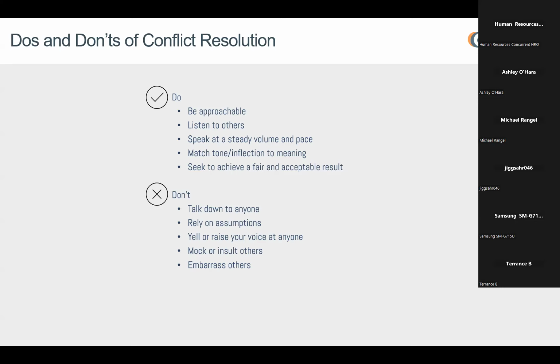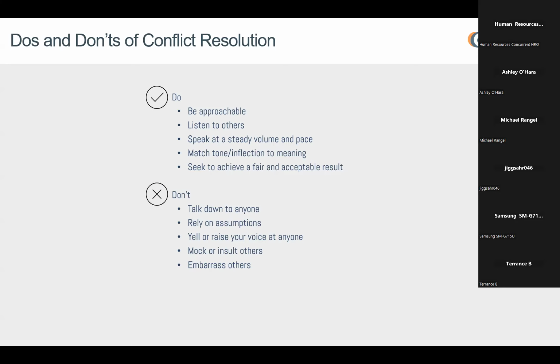At least allow them to have their voice, allow them to be heard. Speak at a steady volume and pace. Match your tone and inflection to the meaning, not to the other individual, but to the meaning. How important is what you're speaking of at the time? That will dictate how much intensity or inflection you should have.